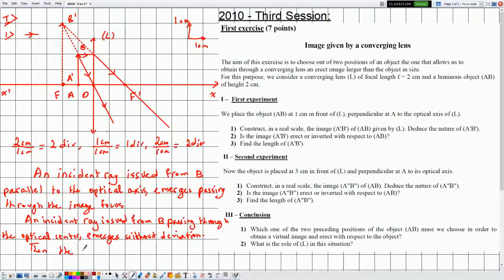Then the image B prime of B is the intersection of the emergent rays, of the prolongations.